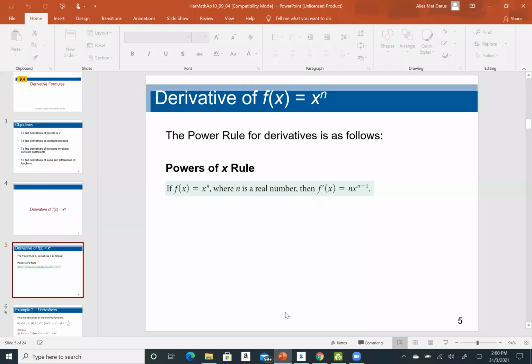Somebody describe for me. How do you get that derivative? The x we multiply with n, then n minus 1. So what you do, you bring down the power n, and then you multiply by x, and the power is reduced by 1. So you have n times x to the power of n minus 1. That is what you call the power rule.